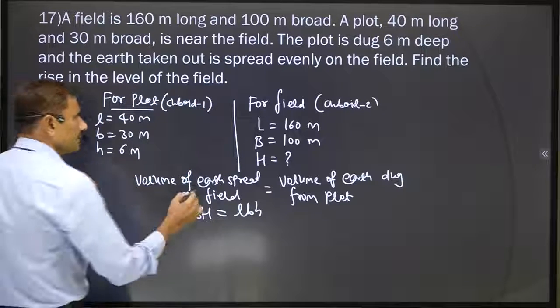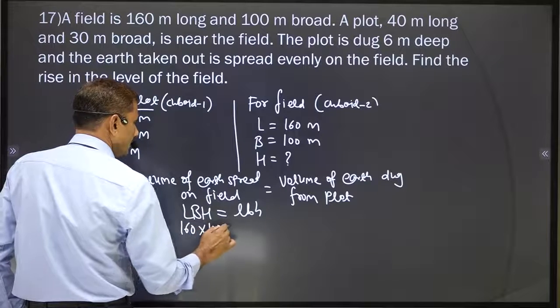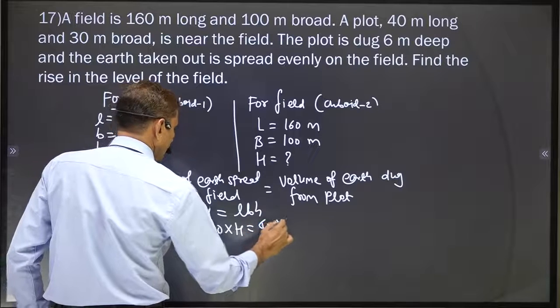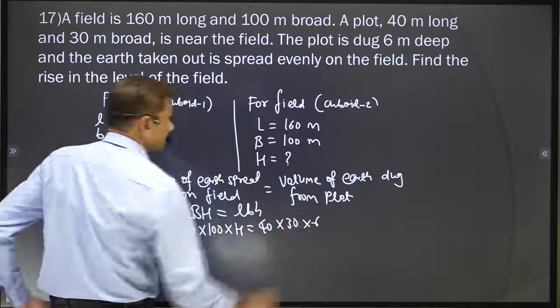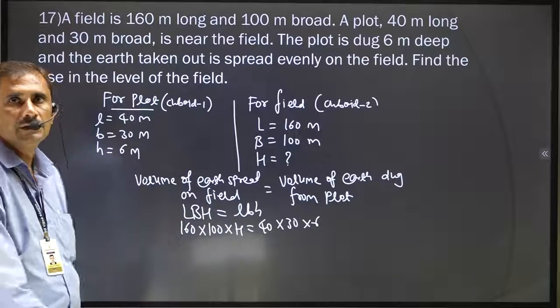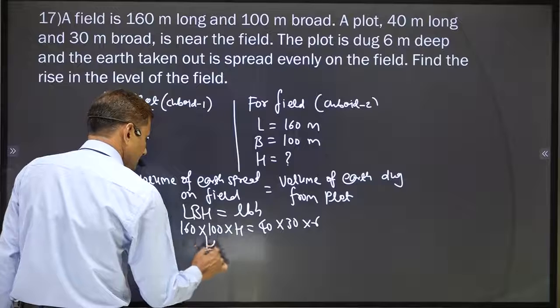Now just put everything. So it is 160 into 100 into H is equal to 40 into 30 into 6. Okay, so understand it that way. Now just find it out by shifting.